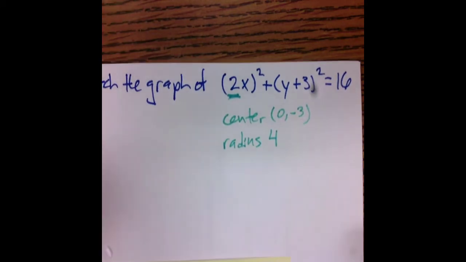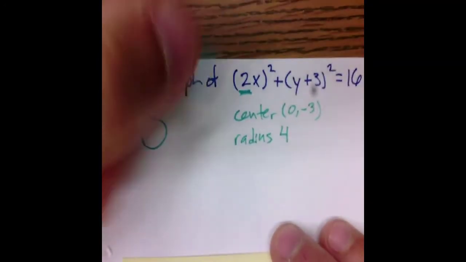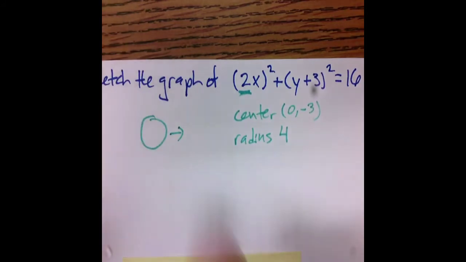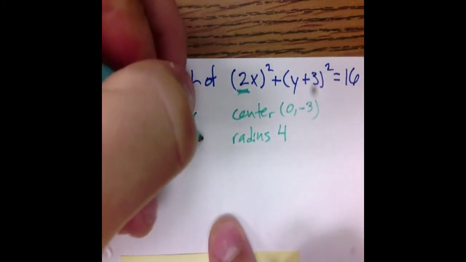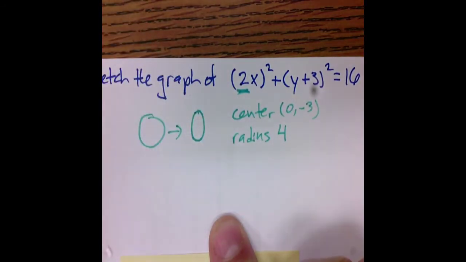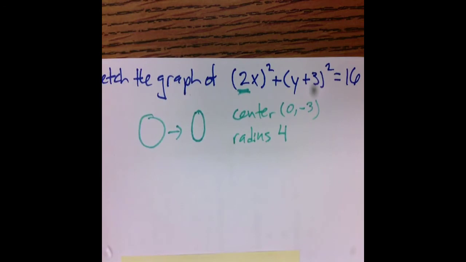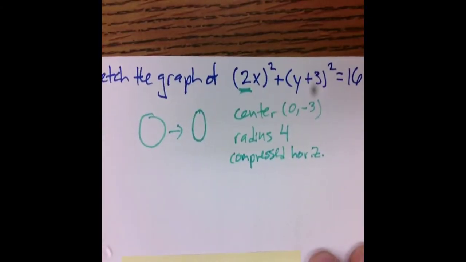So basically you can think of a circle, but what we've done is we've kind of squished it in the x direction, and it's going to end up still having a radius of 4 in the y direction, but it's going to be half as wide in the x direction. You might think of it like an oval, but we usually call it an ellipse. Okay, so I'm going to write it's been compressed horizontally, and it's been compressed by a factor of 2.